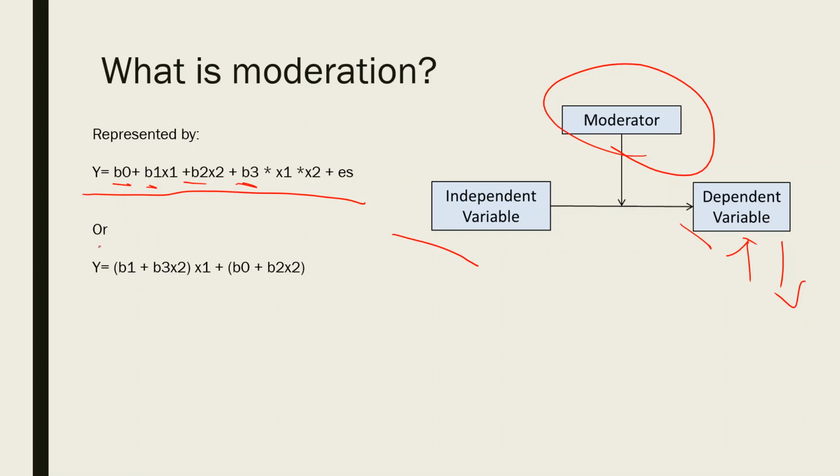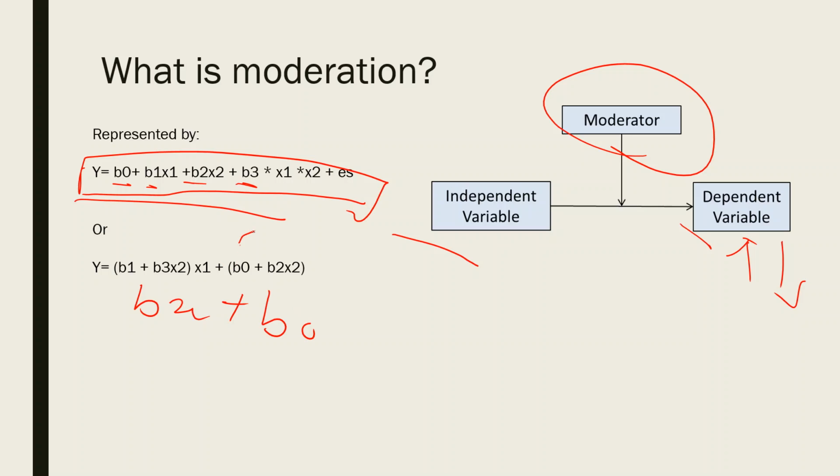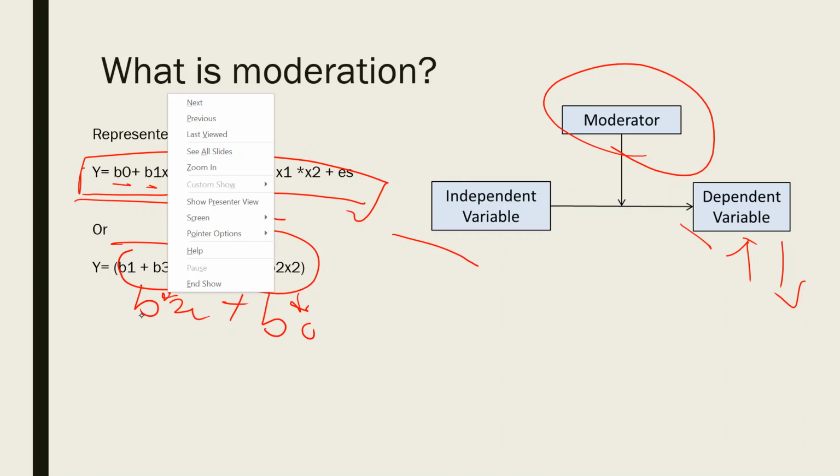Now, as you can see here, this is pretty complex, and to model this would be slightly difficult. So in order to simplify that a little bit, we use simple lines and slopes, and turn this initial model to one which is familiar to us, which is our bx plus b0, and this entire section functions as b0, and this entire section functions as bx.